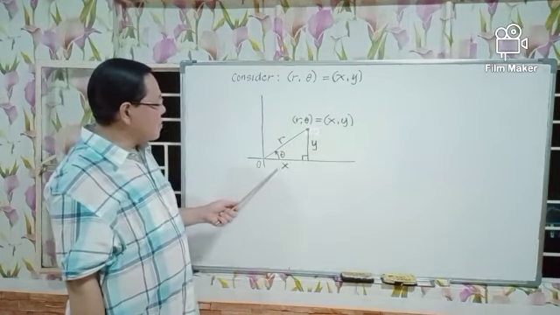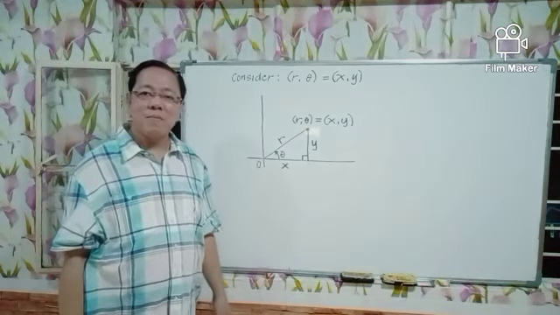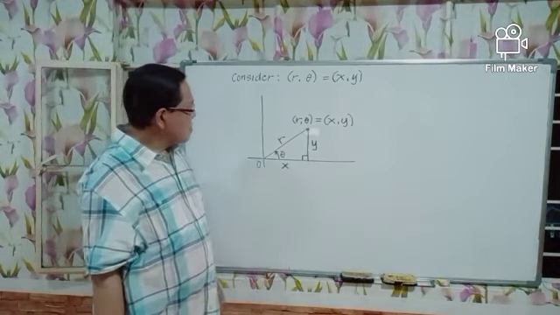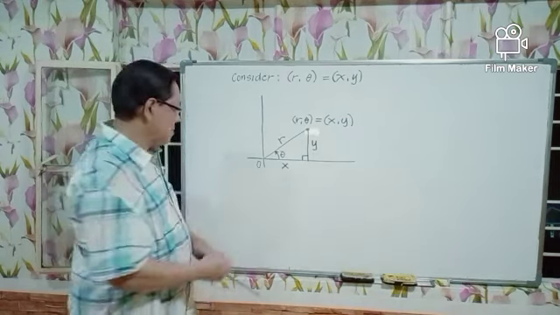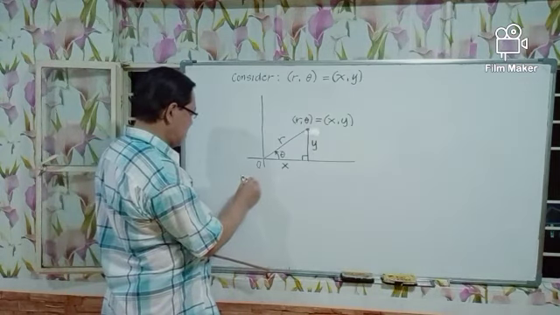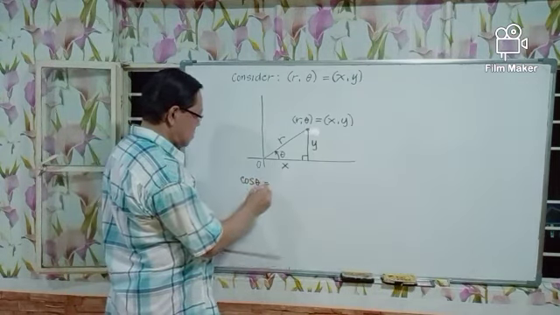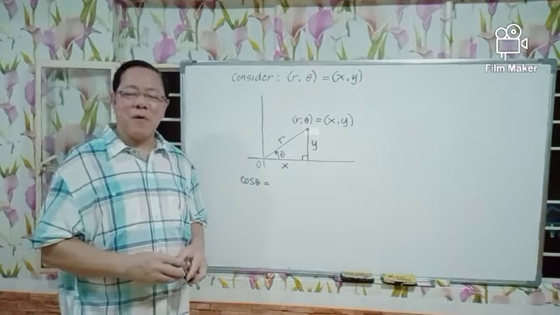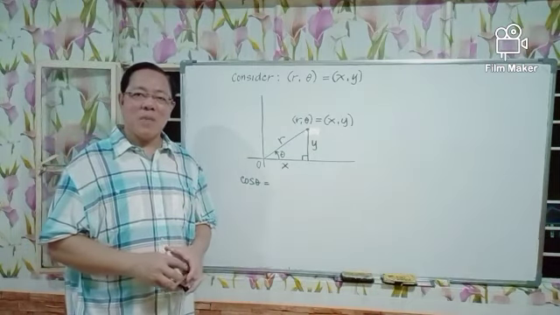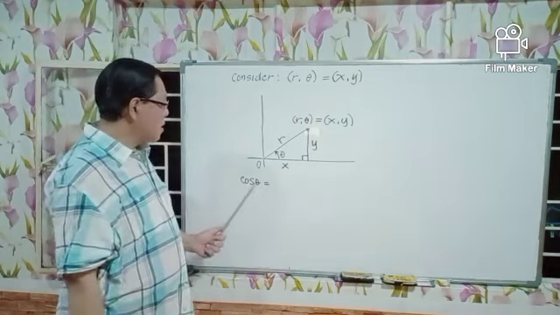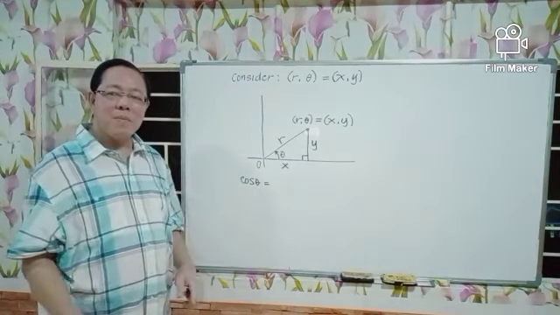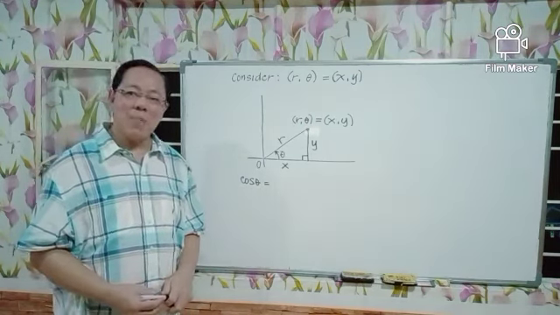And from this right triangle, we find the cosine of theta. Cosine of theta is defined as the ratio of the side adjacent to theta over the hypotenuse.